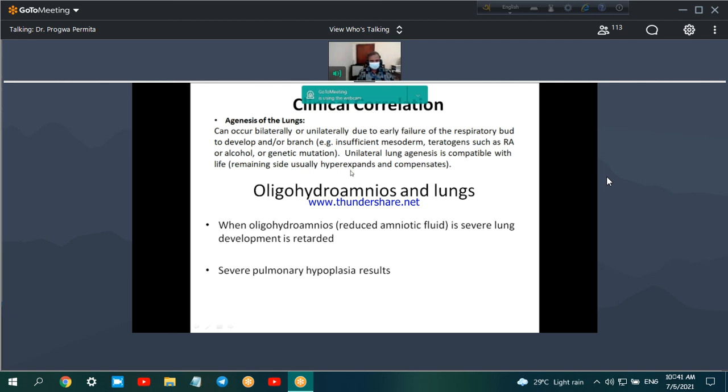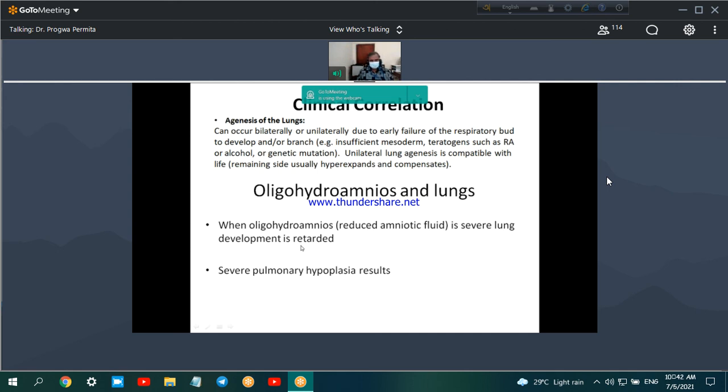The remaining side usually hyperexpands. If a baby has a lung on one side and no lung on the other side, it is compatible with life, but with some limitations.